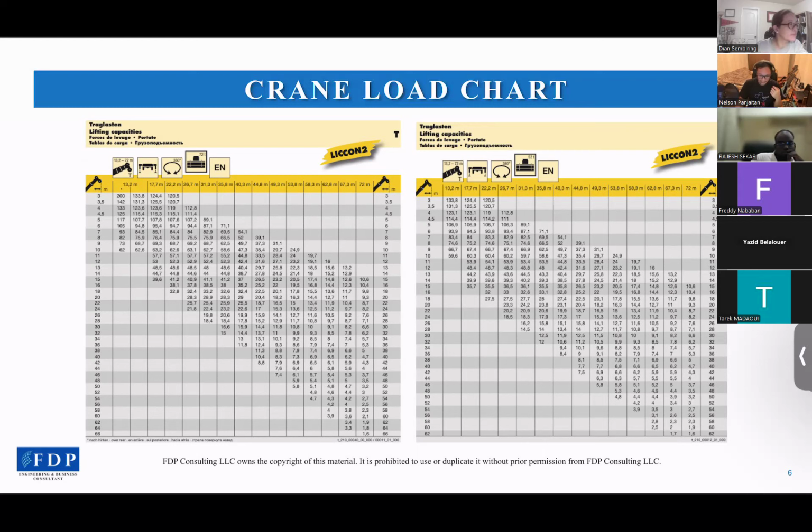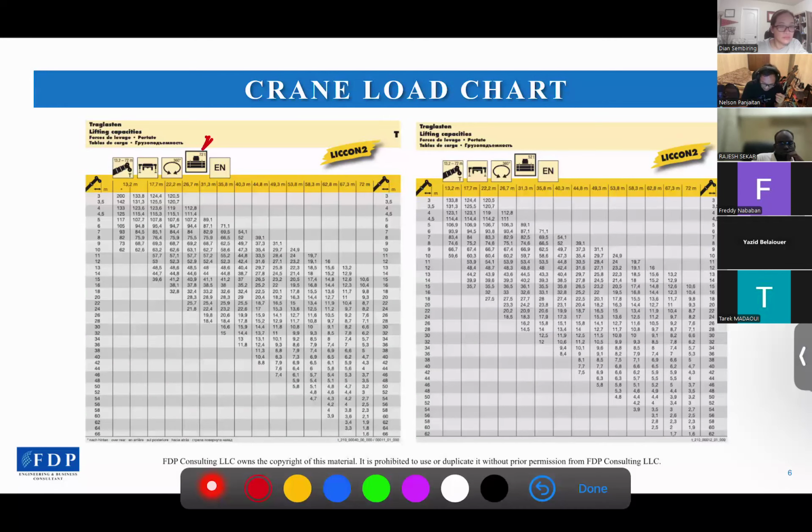For example, for this type of crane, let's say the counterweight right now is 72 ton, right here. And in our lifting plan, let's say we need a 12-meter radius and 40.3 boom length, and we need to slew the boom.